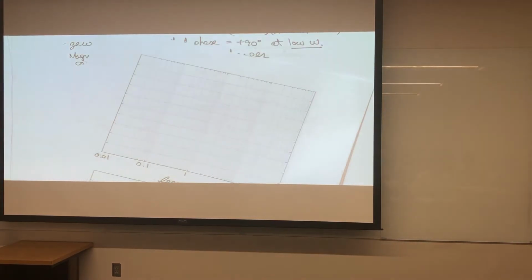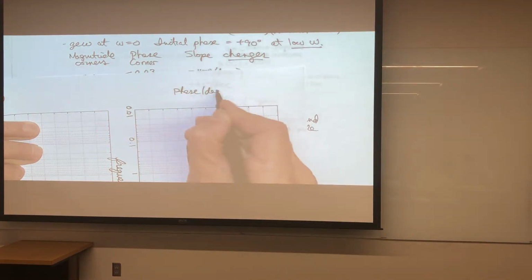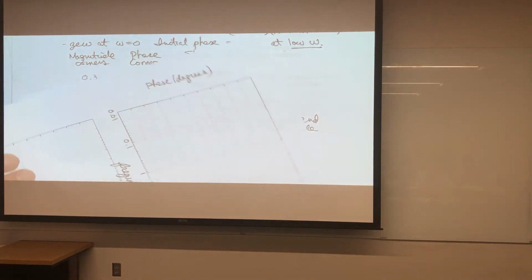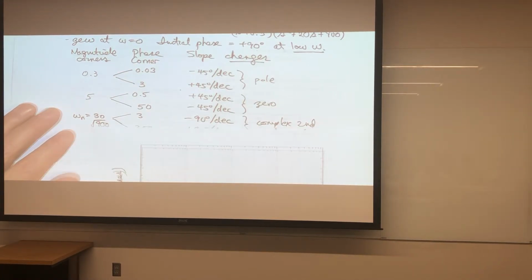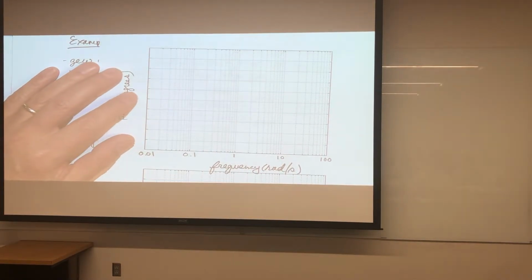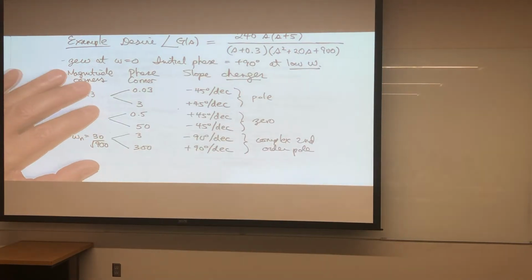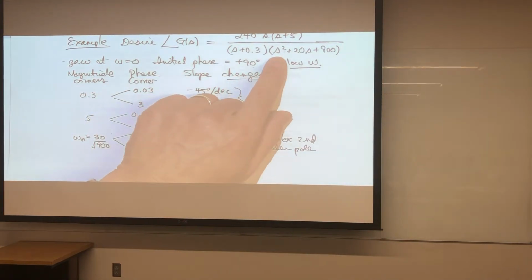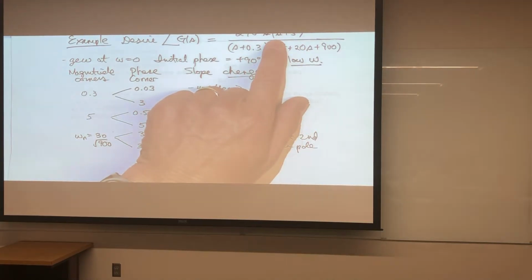Let's label this as phase in degrees. Okay. The initial slope is 90 degrees, so I need to make sure 90 degrees is on here. The relative degree here is, I got 3 poles, 1, 2, 3, 2 zeros.